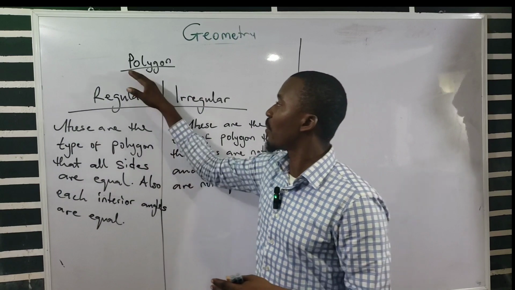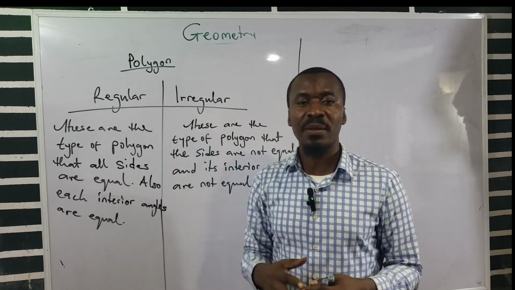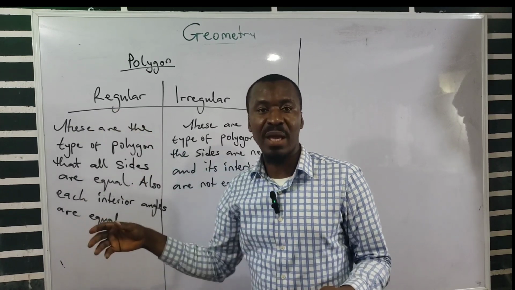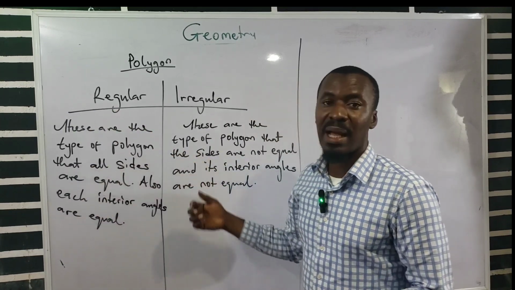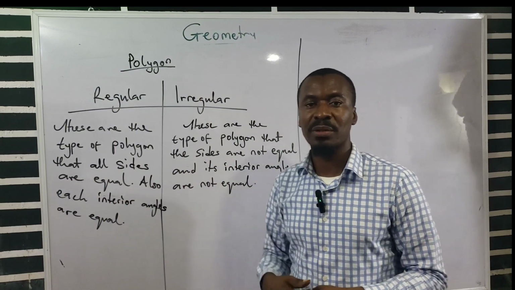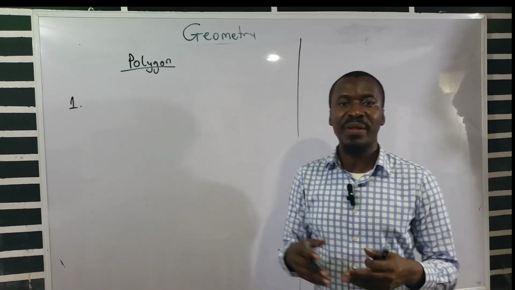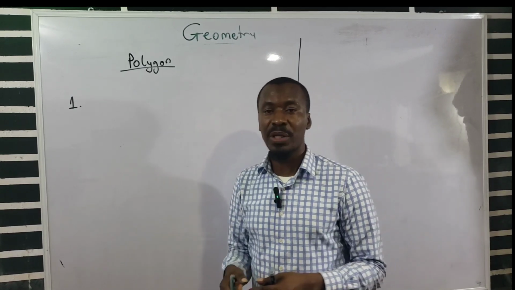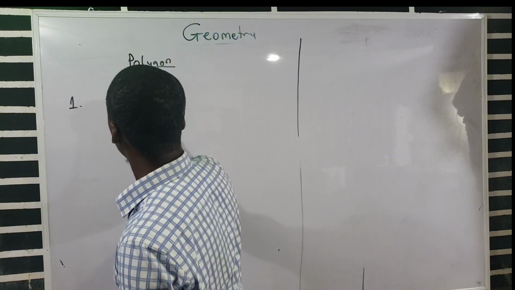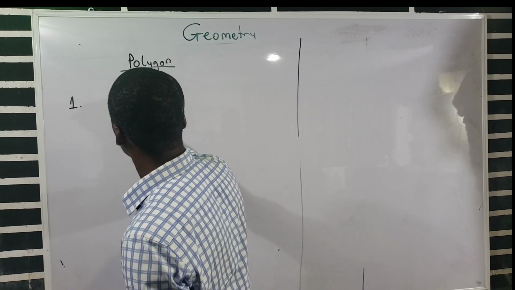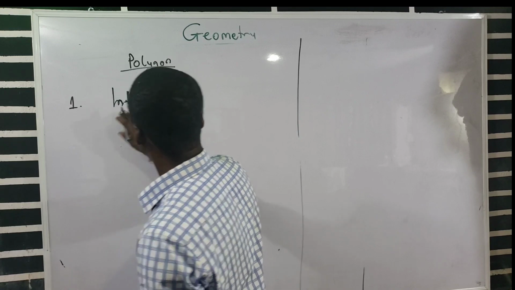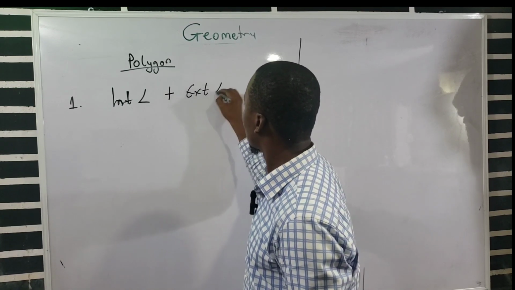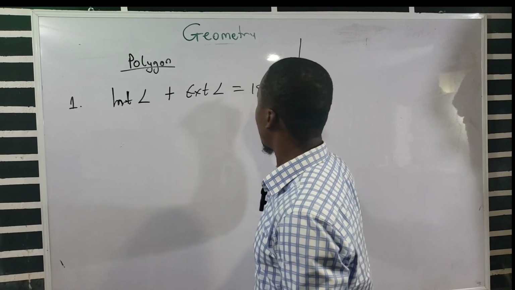Now, we are going to look at some of the formulas or some of the things that we need while solving problems on polygon. Some of these formulas are only for the regular polygon, while some of them are both for regular and what? Irregular polygon. The first thing that we need to be aware of while solving problems of polygon is that the interior angle plus the exterior angle will give you 180.